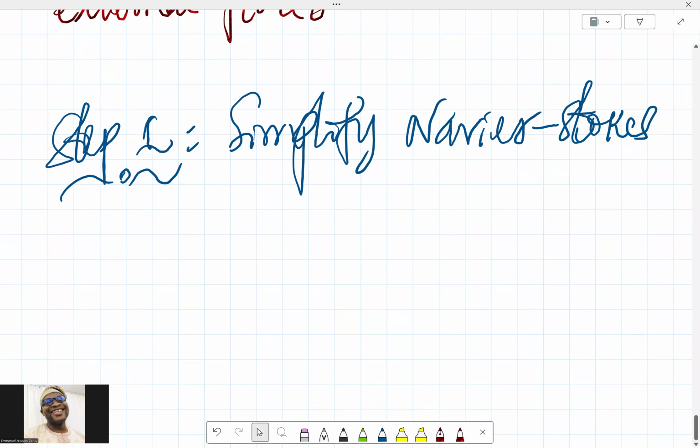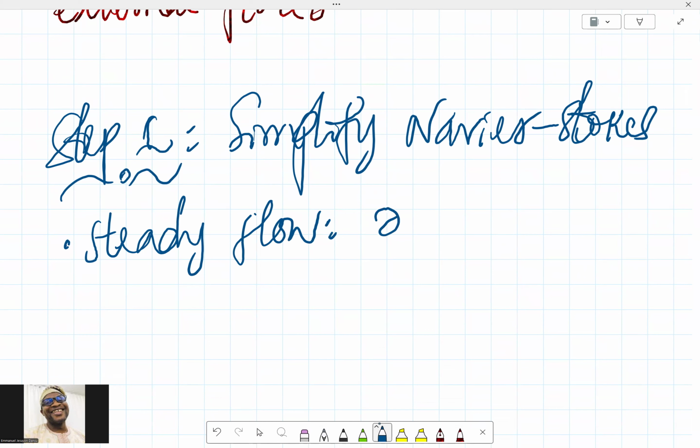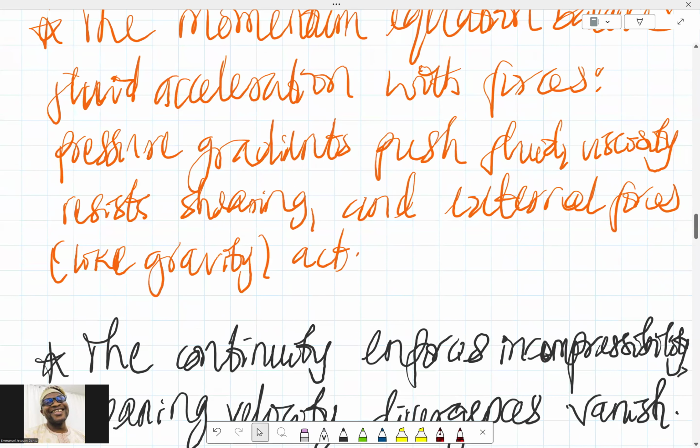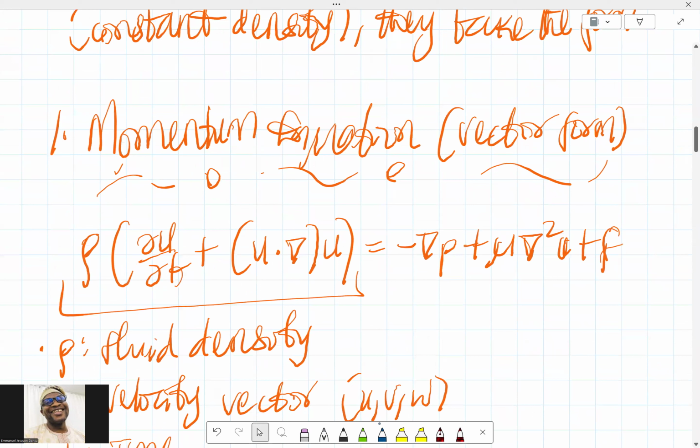In this case, because we have steady flow, that tells us that partial u partial t is 0 already. Don't forget the original Navier-Stokes equations. The next thing is that we have a 2D flow, meaning that we have u equals u of y and the other parts are gone.